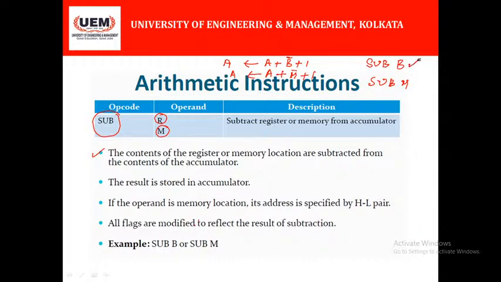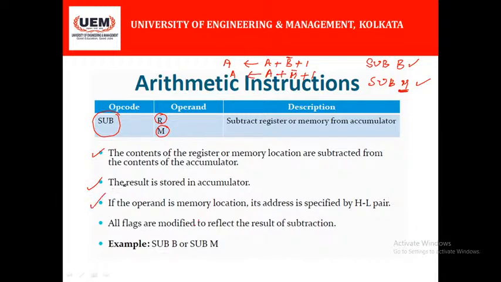In the first example, the content of the B register is subtracted from A, and in the second example, the content of memory location M is subtracted from the accumulator, and the difference is stored in the accumulator.